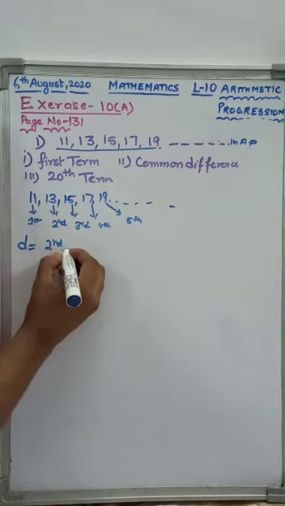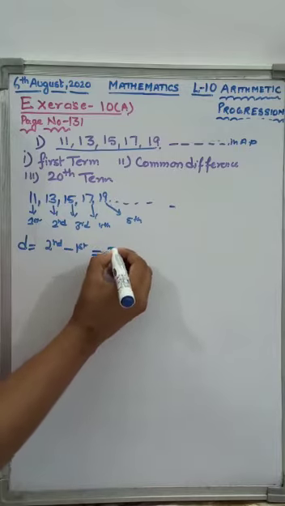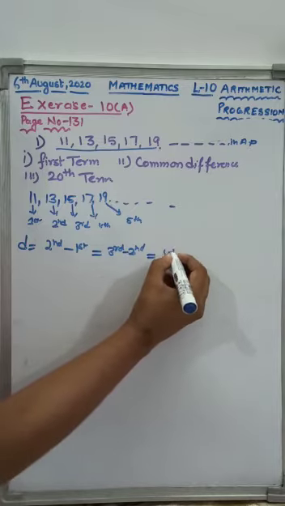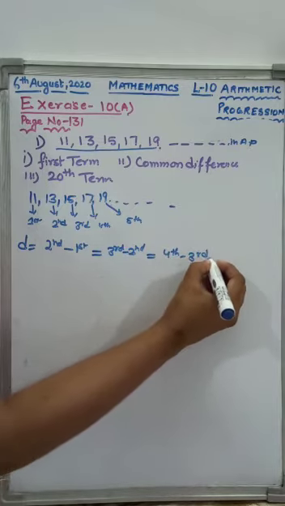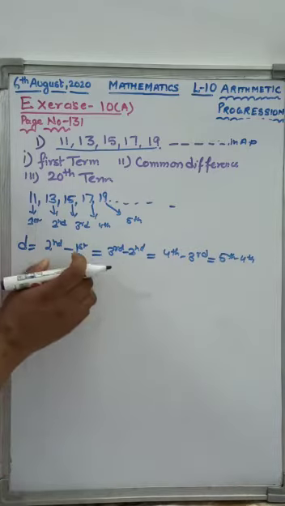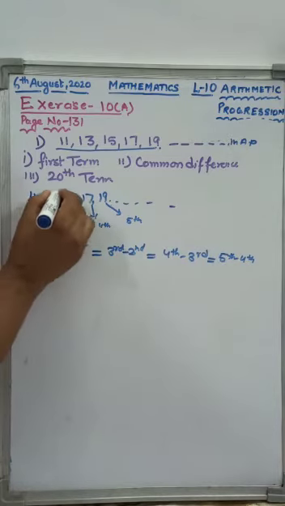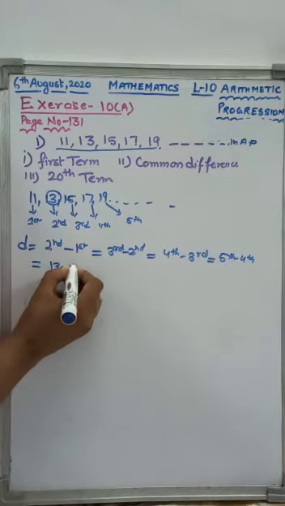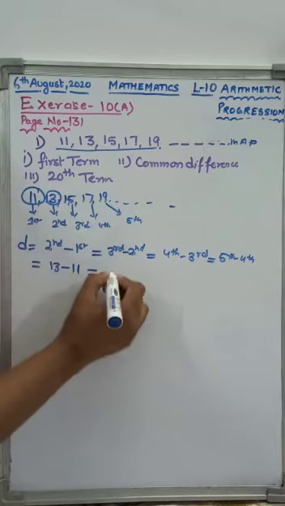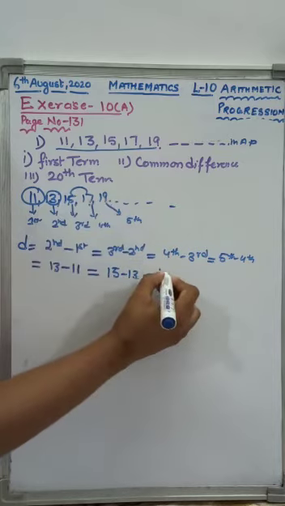Second term minus first term, or third term minus second term, or fourth term minus third term, or fifth term minus fourth term. When you put the values, it has to be constant. So let's see. Second is 13. 13 minus 11, 15 minus 13, 17 minus 15.